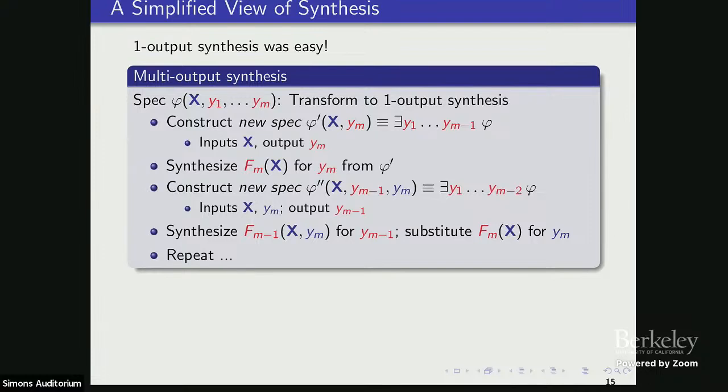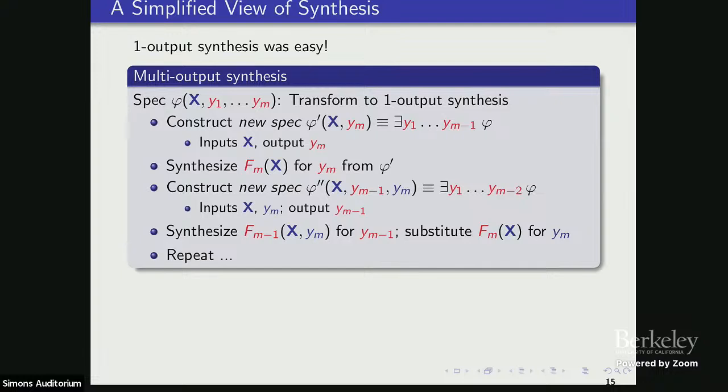So this looks like a simple strategy to address multiple outputs. There are a few important things here. One is that there is an ordering on the outputs, and I'm first trying to synthesize a one output thing for ym and then ym minus 1. So it looks like I have already implicitly ordered the outputs. And there is this existential quantification that's happening here, which we have to figure out how to do.